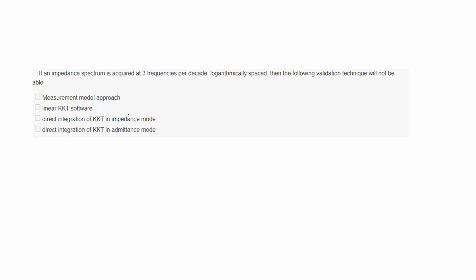Is it the measurement model approach, linear KKT, direct integration of KKT in impedance mode, or direct integration of KKT in admittance mode? Who can answer?